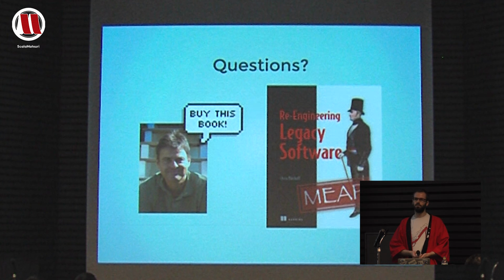Will performance suffer if you have this cleaner code structure and smaller phases in the new compiler? So the question was, will the performance suffer in Dotty because of immutability?